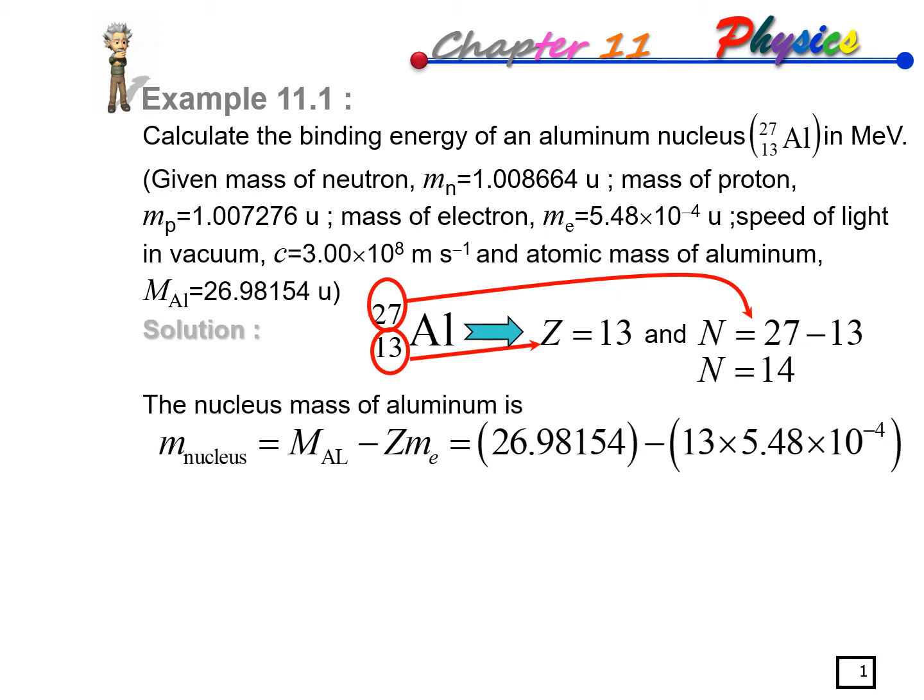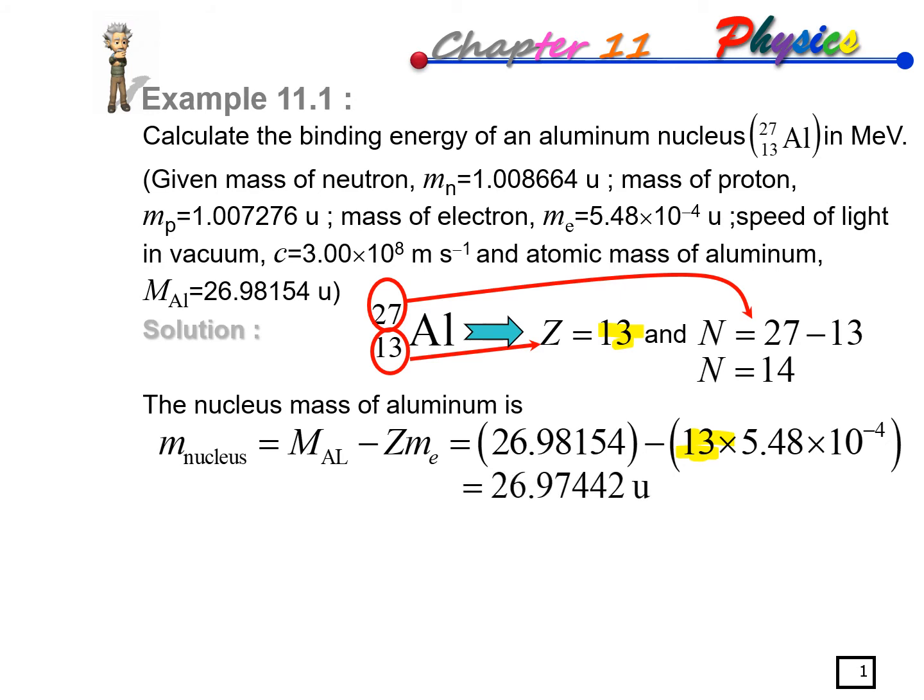Consider this atom to be neutral, so the number of protons and electrons will be equal, which is 13. So once we take the total mass of the atom and minus the mass of the electrons, we end up with the mass of the nucleus.